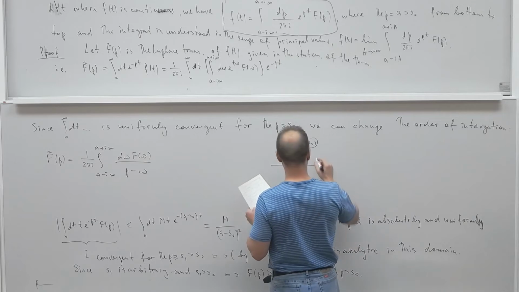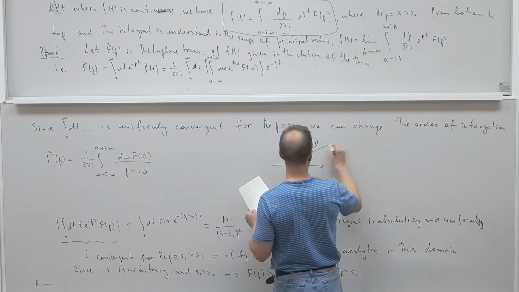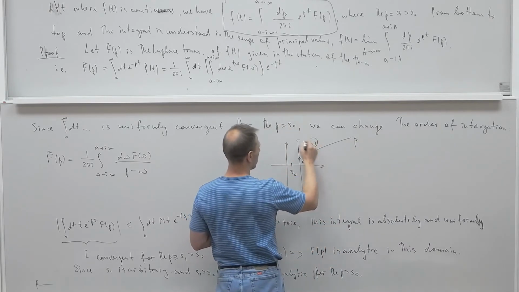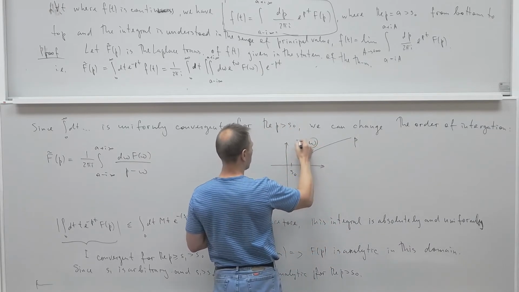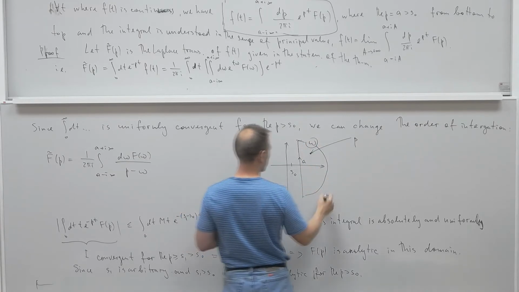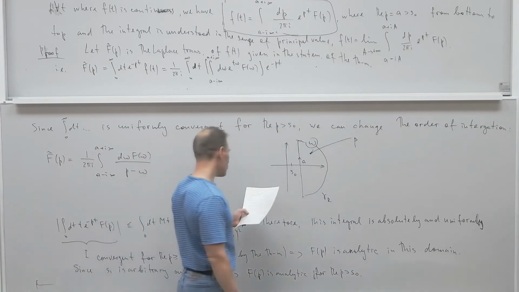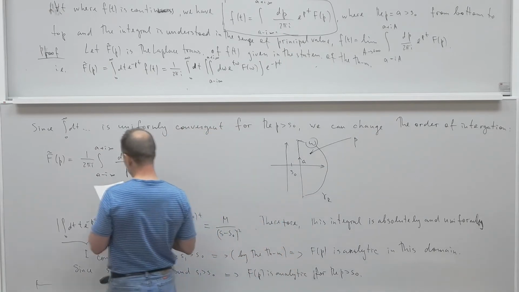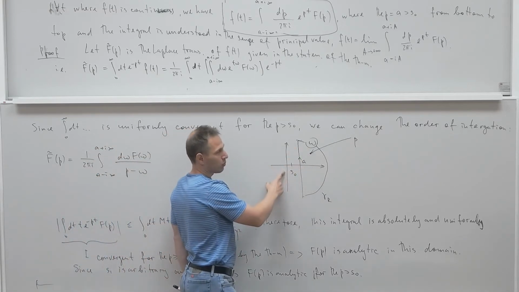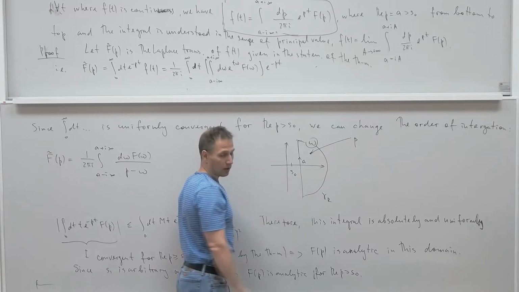And there is some point p, and I draw an arc of a circle, gamma R large. This is an arc of a circle with the center at the origin, and with the radius R large.